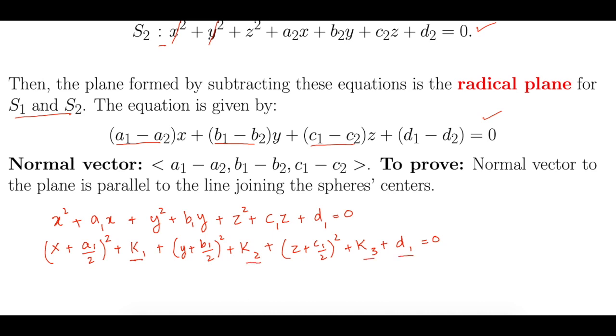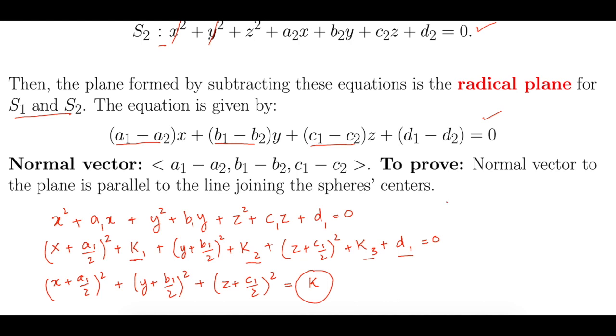So I can say (x plus a1 over 2) squared plus (y plus b1 over 2) squared plus (z plus c1 over 2) squared is equal to some constant, which is minus d1 minus k3 minus k2 minus k1, my k here.